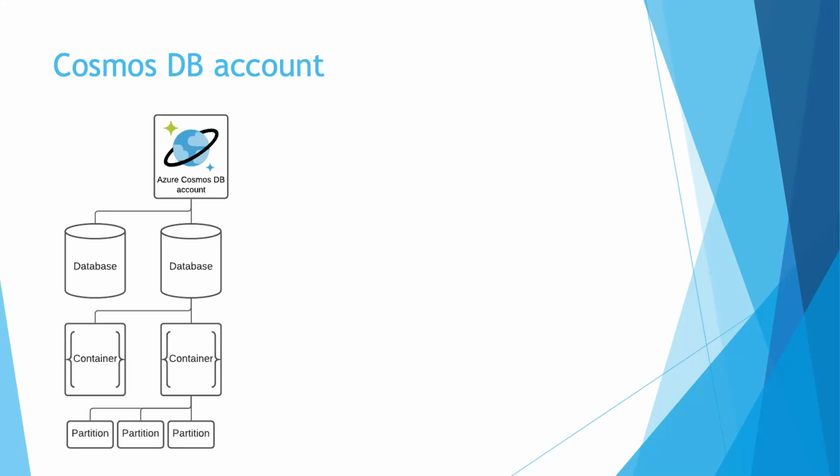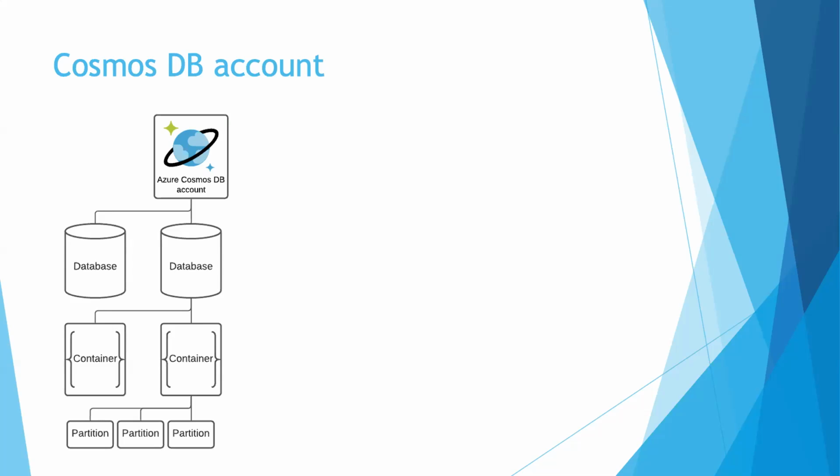Within each container, you can have many logical partitions, and we'll talk about the logical and physical partitions in a couple of slides' time. But what's important at this stage is to remember that the JSON documents you store in Cosmos will go into these logical partitions.